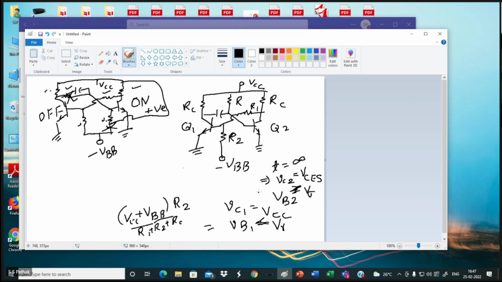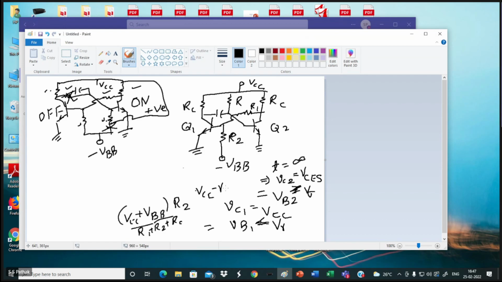When I say, what is my VB2 at this point? My VB2 at this point is what? VCC, this is nothing but, VB2 is what? VCC minus V sigma, or you can say VB2, whatever is there.